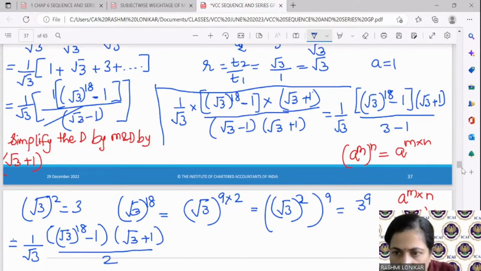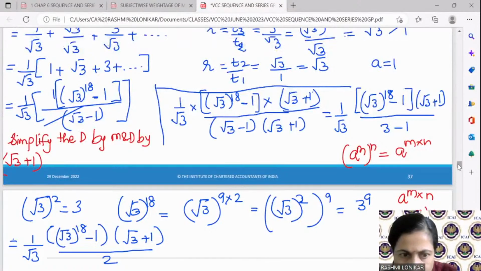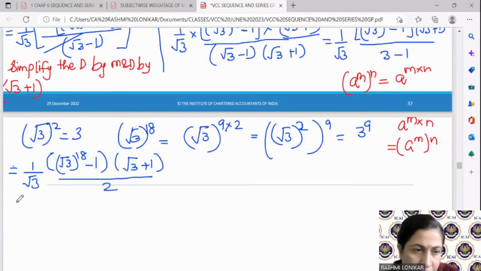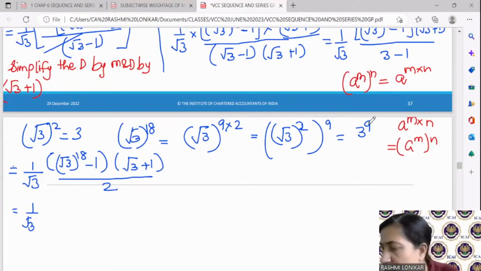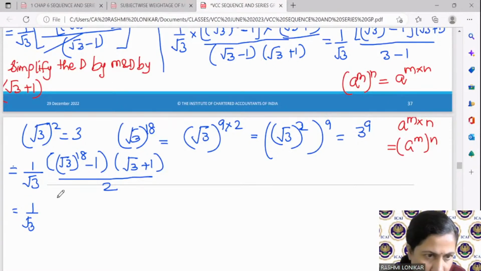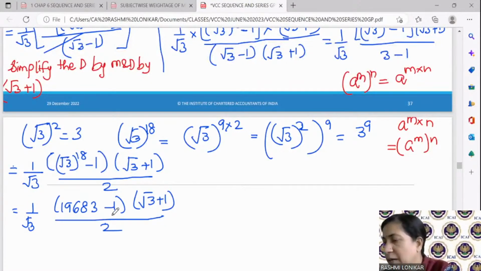This can be simplified as 1 upon root 3. Instead of root 3 raised to 18, that is 3 raised to 9, which is 19683, minus 1, root 3 plus 1 as it is, upon 2. Now 19683 minus 1 is 19682.